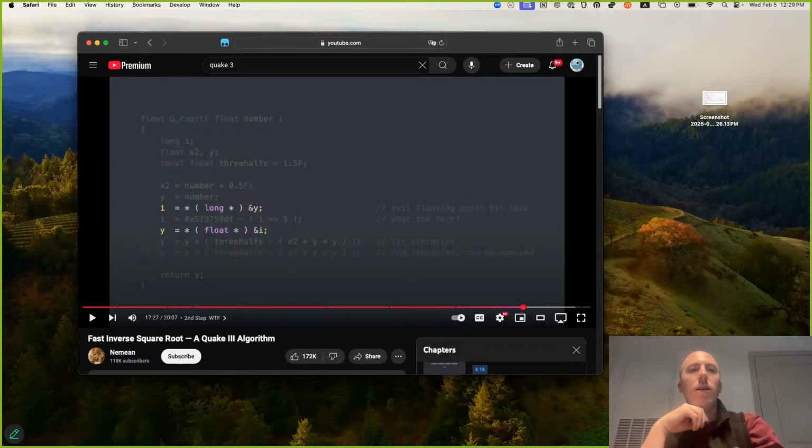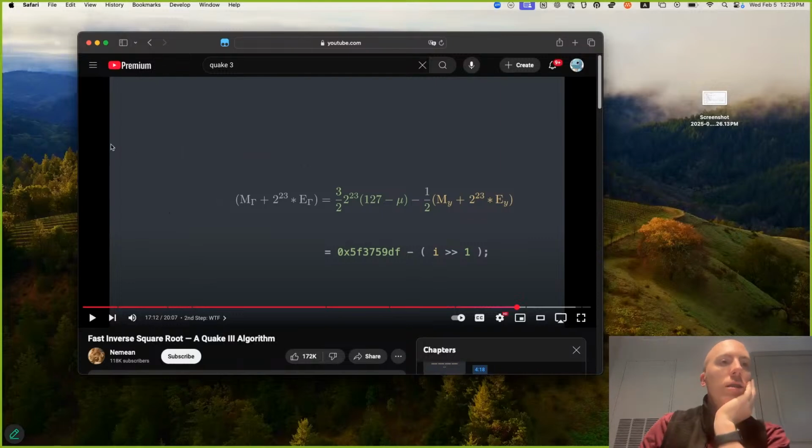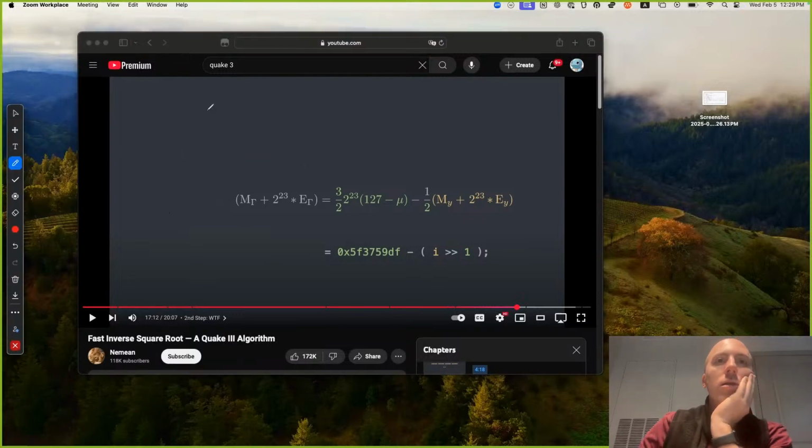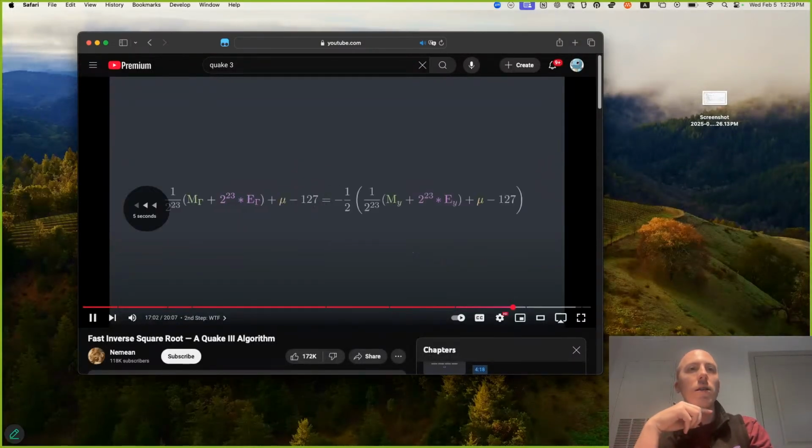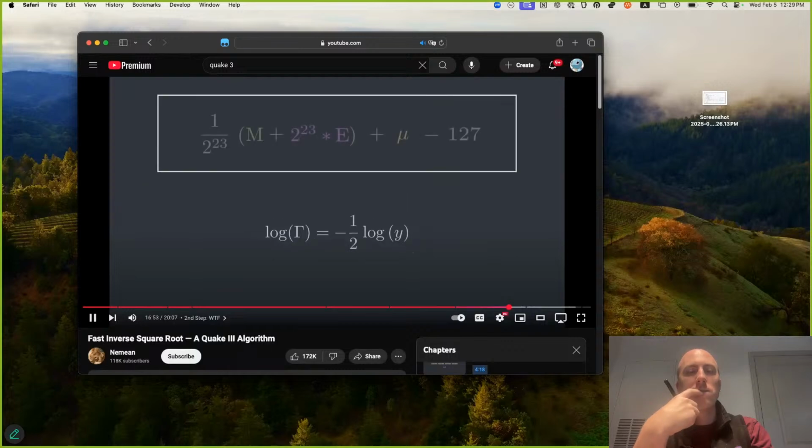I guess we could do this in code. I'm trying to think of anything we can do at this point to get a more grounded, more concrete understanding of this. We could go through this and replace the logarithm with the bit representation.